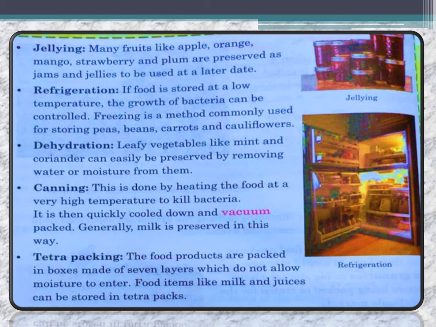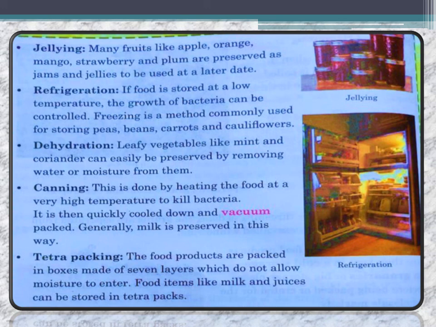They heat the food at a very high temperature to kill the bacteria and then it is quickly cooled down and vacuumed back. You must have seen milk preserved in this way. You have seen milk powder, and that is an example of canning.